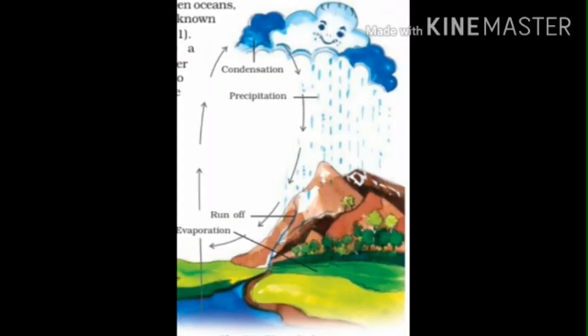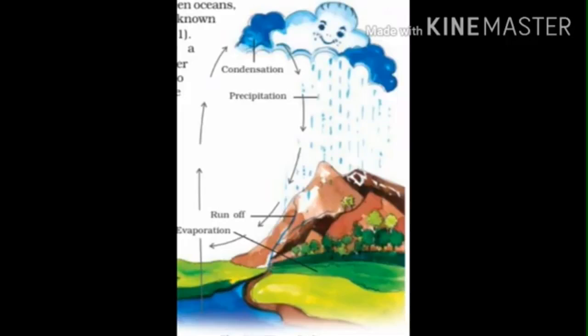Once again I will repeat. What is meant by evaporation? Due to the intense heat, the water on the earth's surface is converted into vapor. This process is called evaporation. The water also evaporates from the surface of the leaves. This is called transpiration. Clear children?